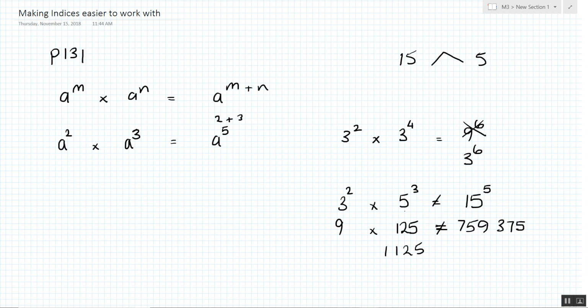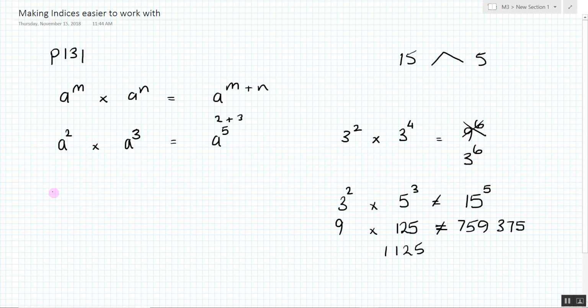Because 3 to the power 2 times 3 to the power 4 is the same thing as 3 to the power 6, they just equal the same thing. All right, so how can I show that to someone? How can I prove it to someone? You can put 3 times 3 in brackets.